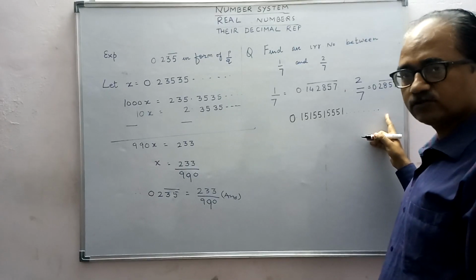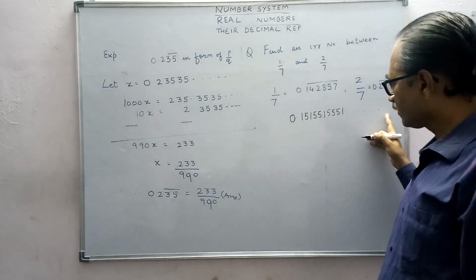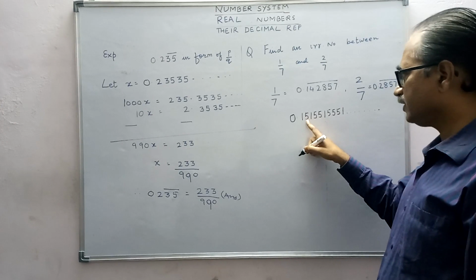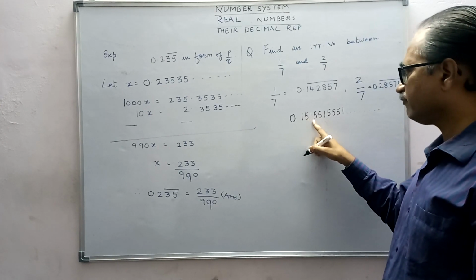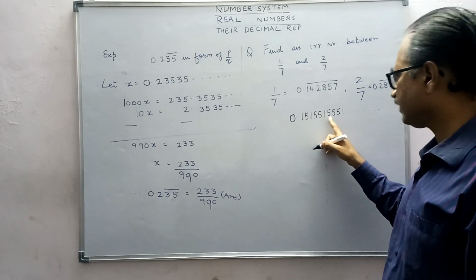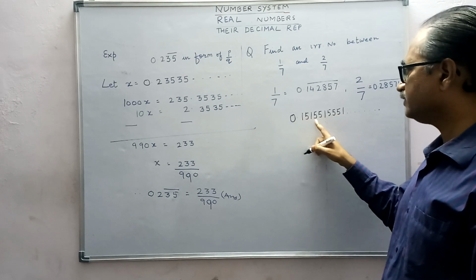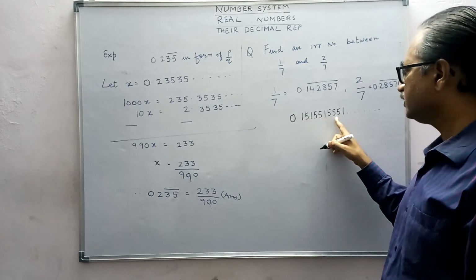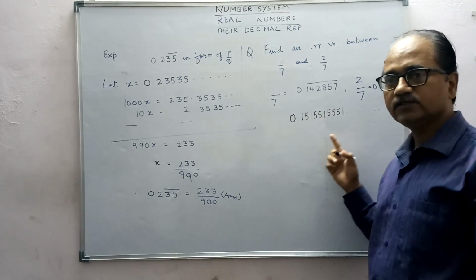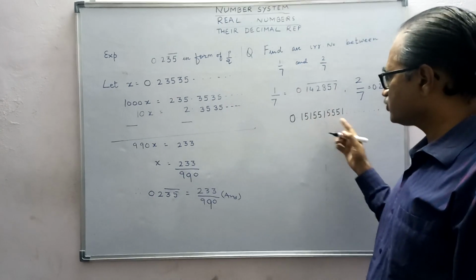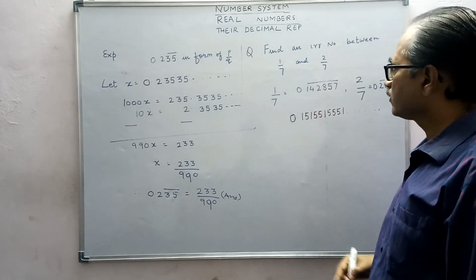This means it is non-terminating, and the same thing is not repeated. Suppose 1 5, it should be 1 5, again 1 5, again 1 5, but it is what? 1 5, then 1 5 5, then 1 5 5 5. So the same thing is not repeated. Therefore such a decimal representation is an irrational number.